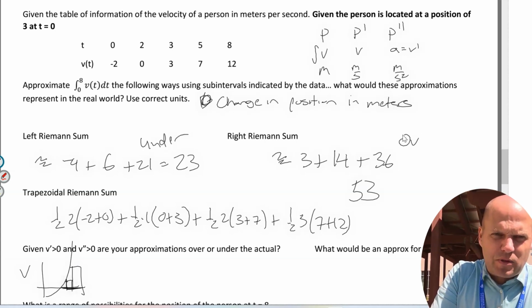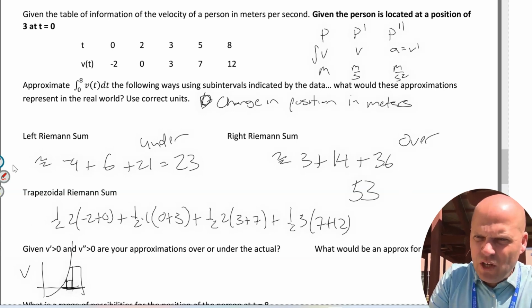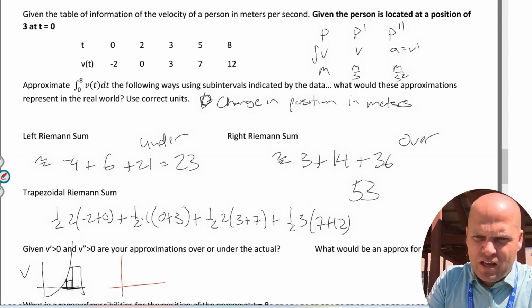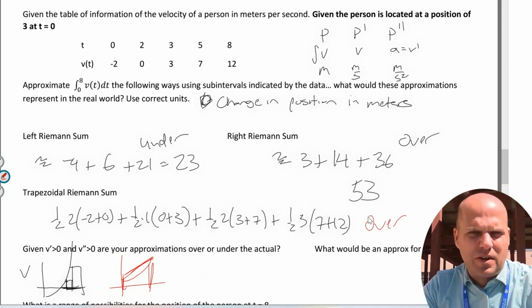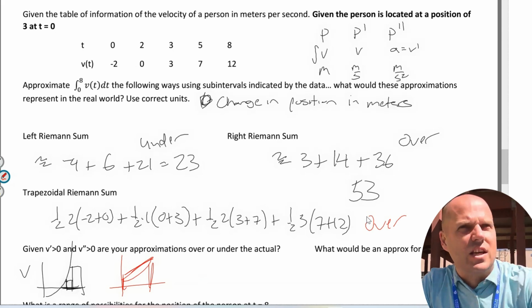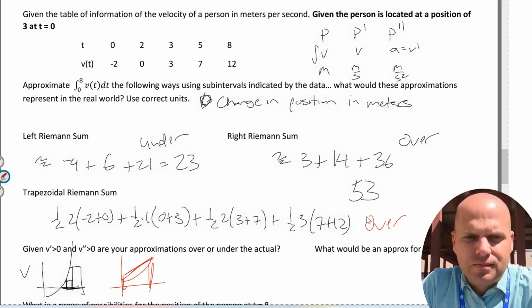The right Riemann sum is going to be over. Because of my concavity, if you have an increasing concave up function, your trapezoids will be over. And you need to draw the approximation, or draw to see, to be confident in your answers.